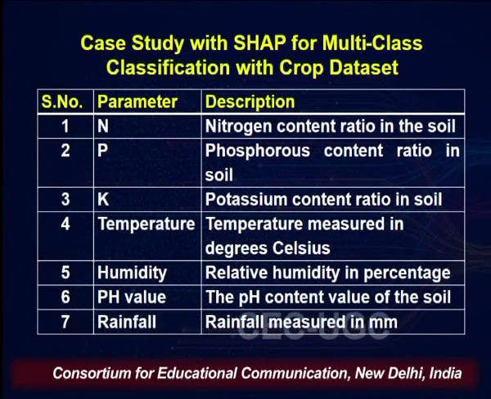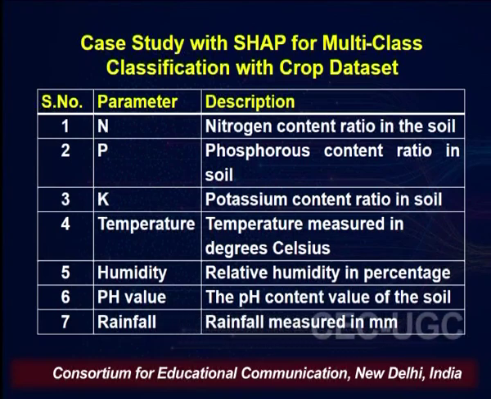Next case study is with the SHAP plots specifically for the multi-class classification problem. Just now we were talking about classification problems where you can have a single target, but that target can have multiple classes, not two, but more than two classes.